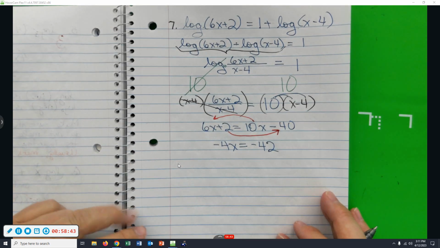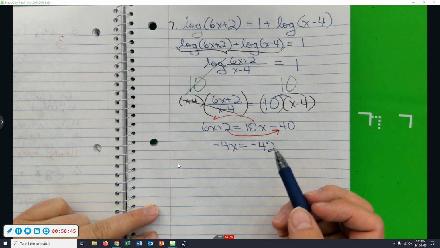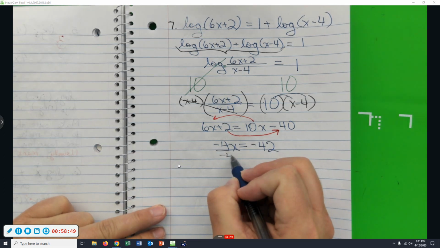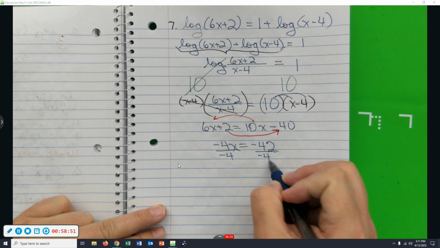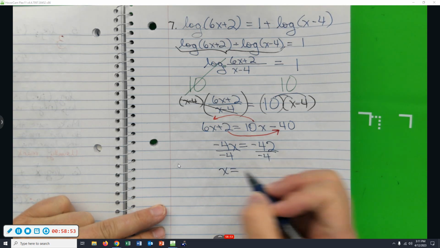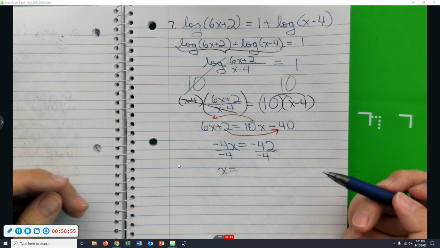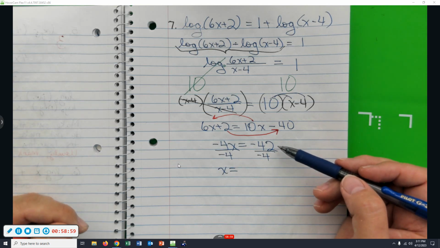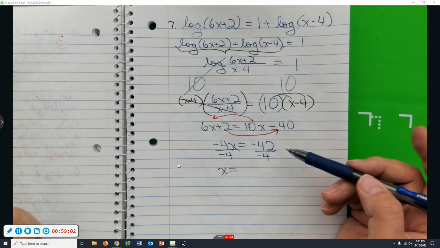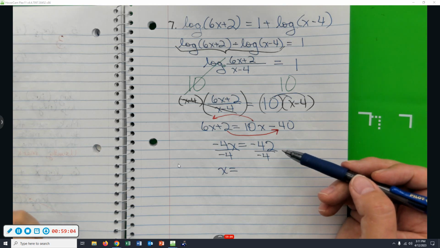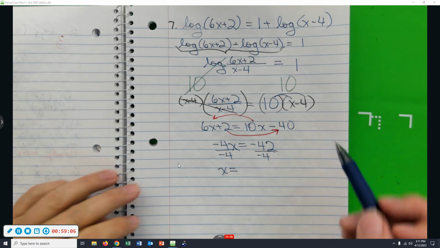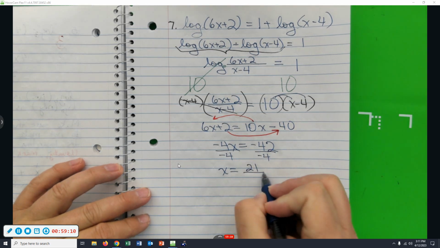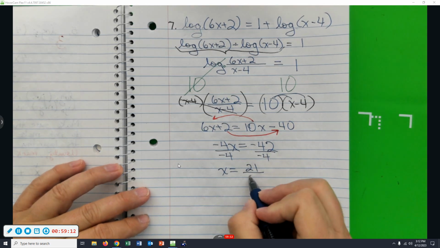If you moved all the x's to the right, you'd have no negatives. That gives us x equals, negative divided by negative is positive. We can cancel a common factor of, not 4, smaller, 2. 42 divided by 2 is 21. And 4 divided by 2 is 2.